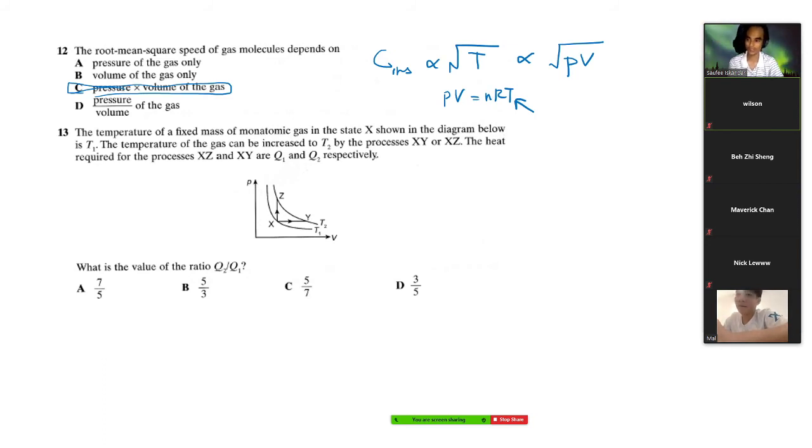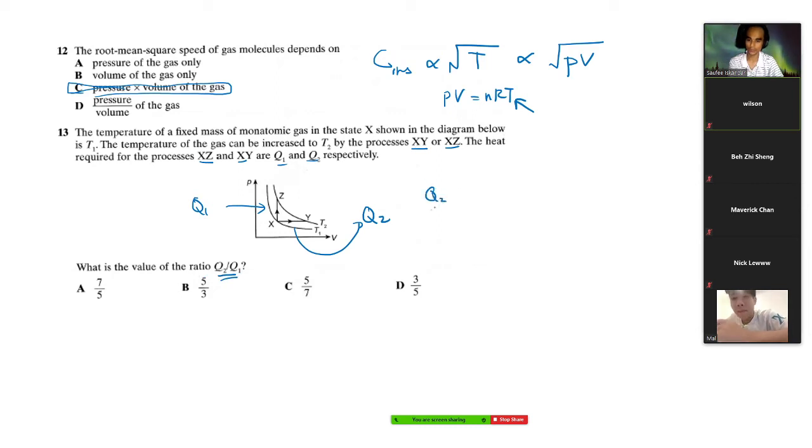Number 13. The temperature of a fixed mass of monatomic gas X is shown in the diagram below, processes XY and XZ. The heat required for processes XZ and XY are Q1 and Q2. So this part, XZ, is Q1, and this is Q2. What will be the ratio of Q2 over Q1?